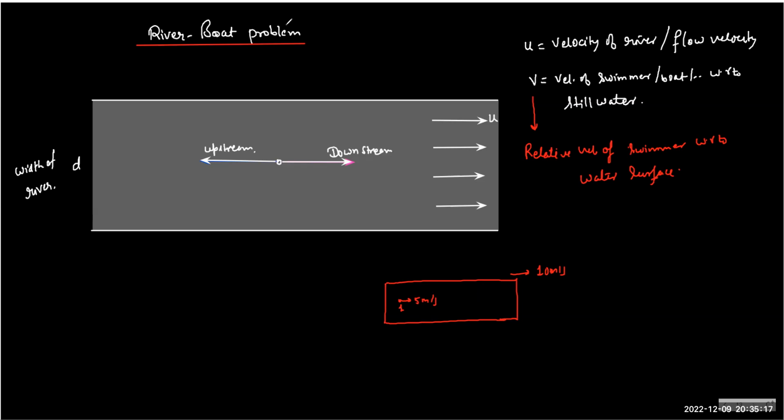So to understand the question of a boat, a river boat, or the bird and wind problem: a bird will fly with respect to wind, and a man will swim with respect to water. Whether you're flying or swimming, you always fly or swim with respect to the medium, not ground.